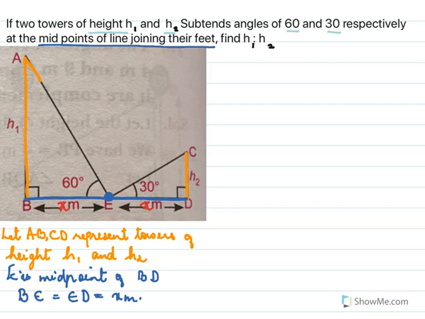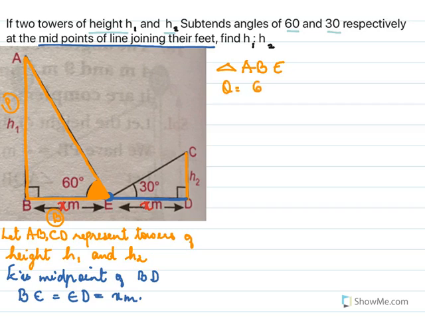We'll now take up the first triangle ABE, and we will use trigonometry there. So the perpendicular here, the angle is 60, and if the angle is 60, this is perpendicular and here is the base.